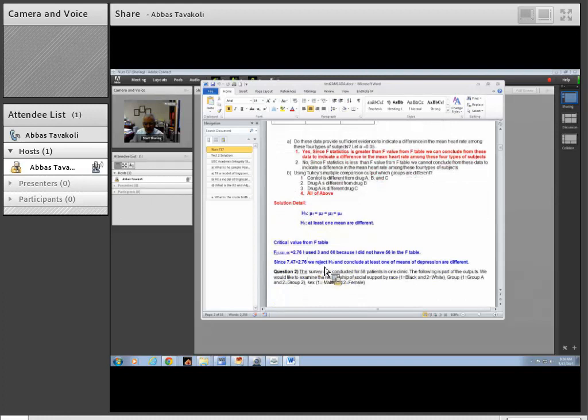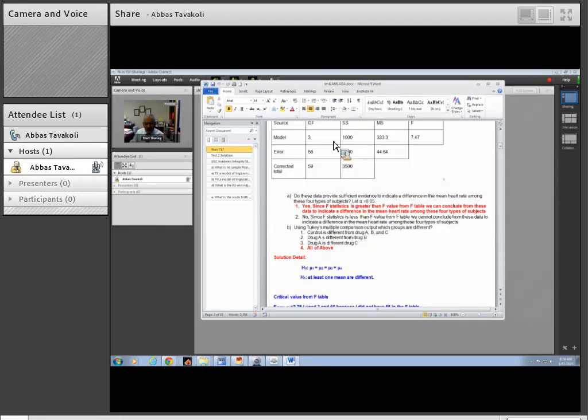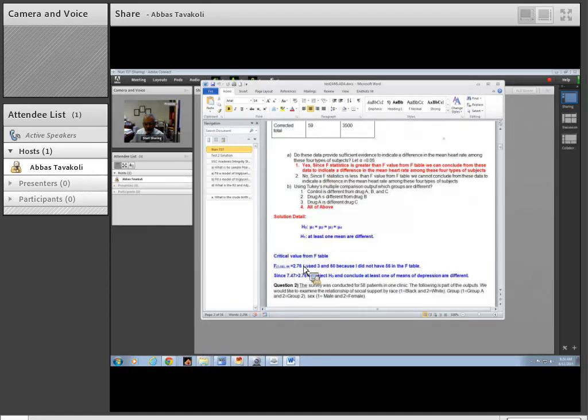Then you have to find the critical value, because our numerator degrees of freedom is 3 and our error degrees of freedom is 56. For 3 and 56 at 0.95, it would be 2.76.